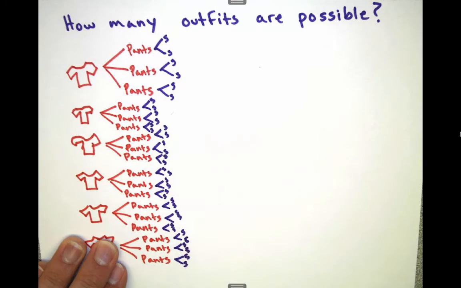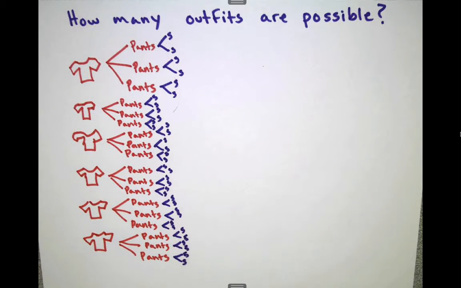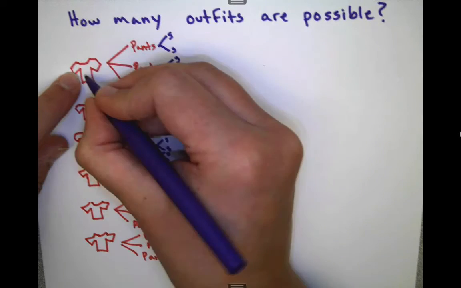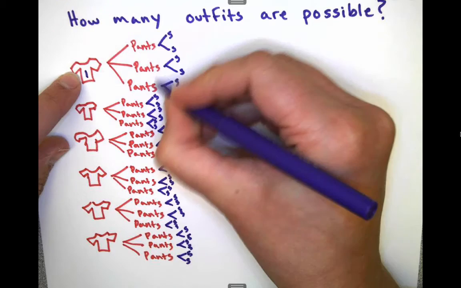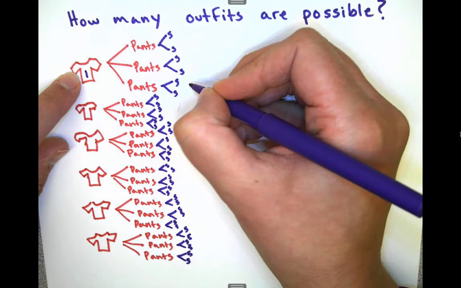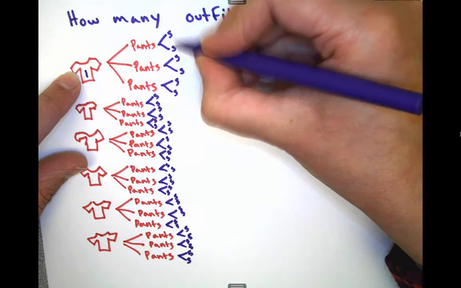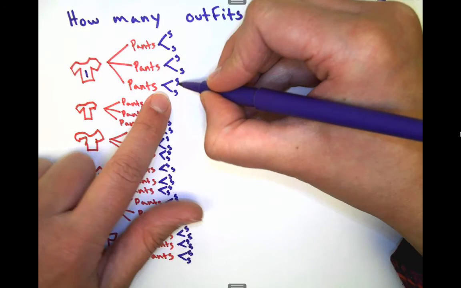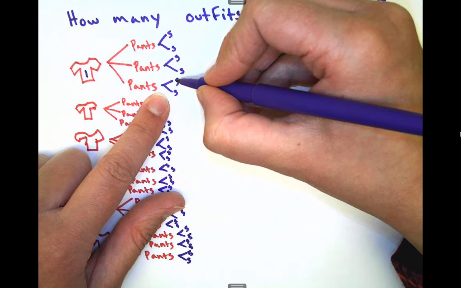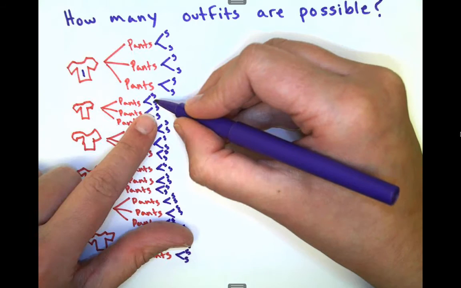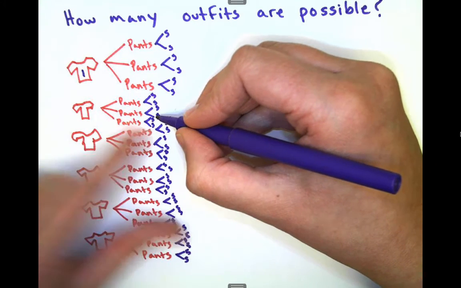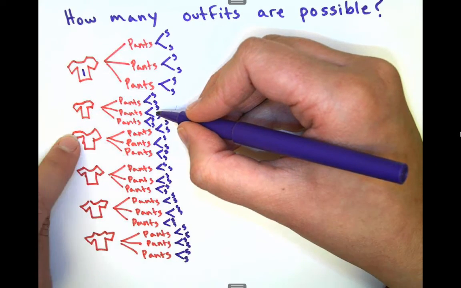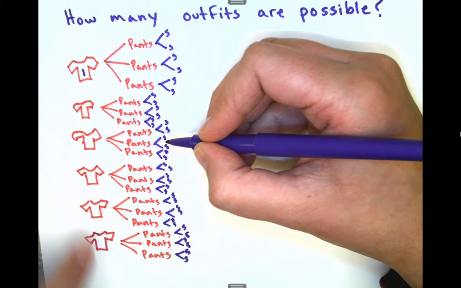Oh, there we go. All right, so what do we got here? How many options? If I pick my first shirt, shirt number 1, I've got 3 pants choices and then all these shoes to choose from. So I end up getting 2, 4, 6 options with the first shirt here. That must mean I get 2, 4, 6 options with this shirt, 6 options with this shirt, 6 here, 6 here, 6 here.